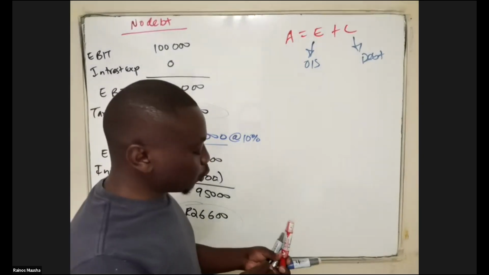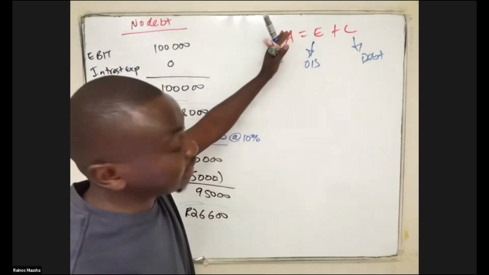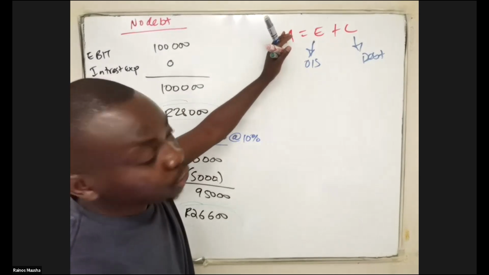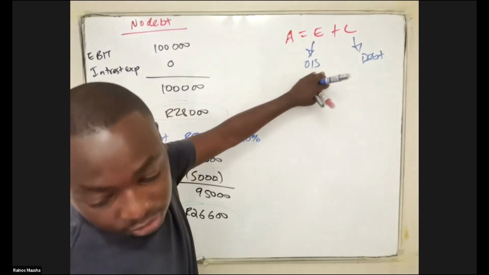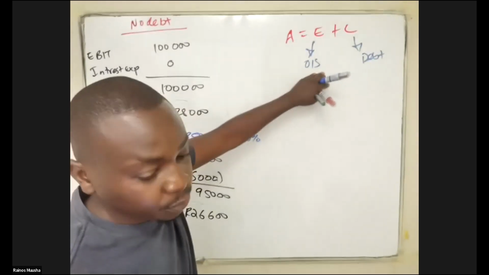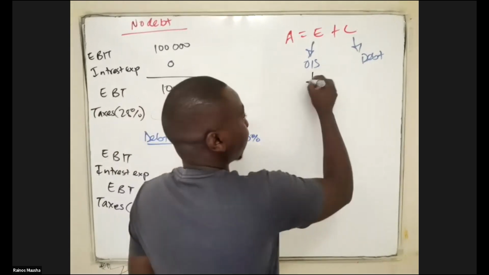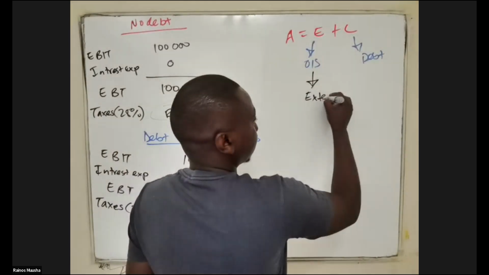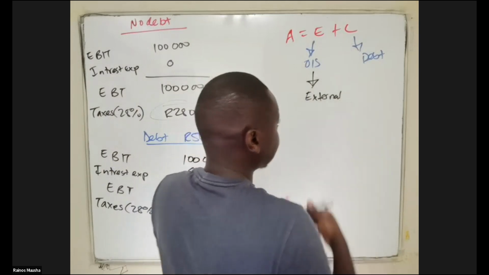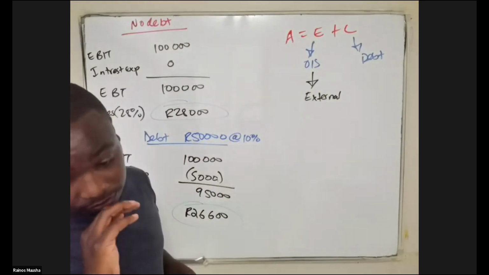If you issue equity, if you want to raise money to buy the assets, and internally you're not able to raise that money yourself, it means you are having external people becoming part of the owners of the business as well.